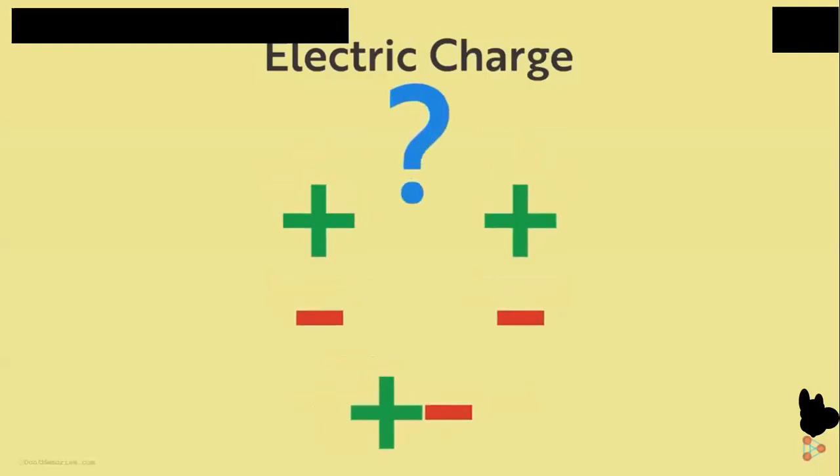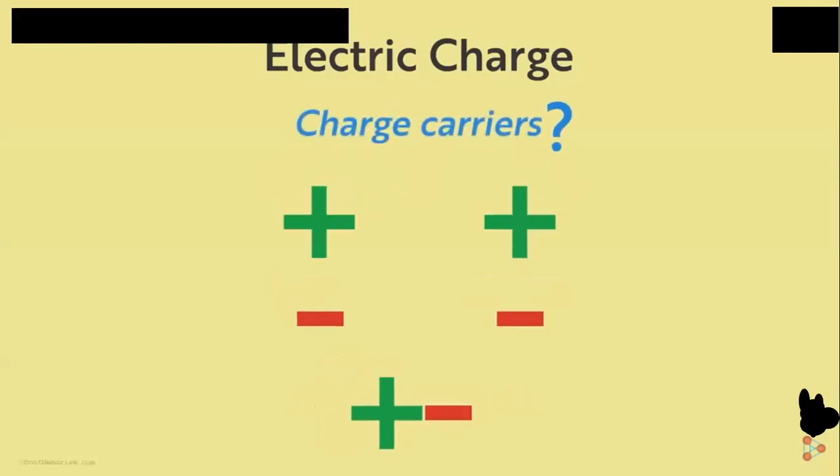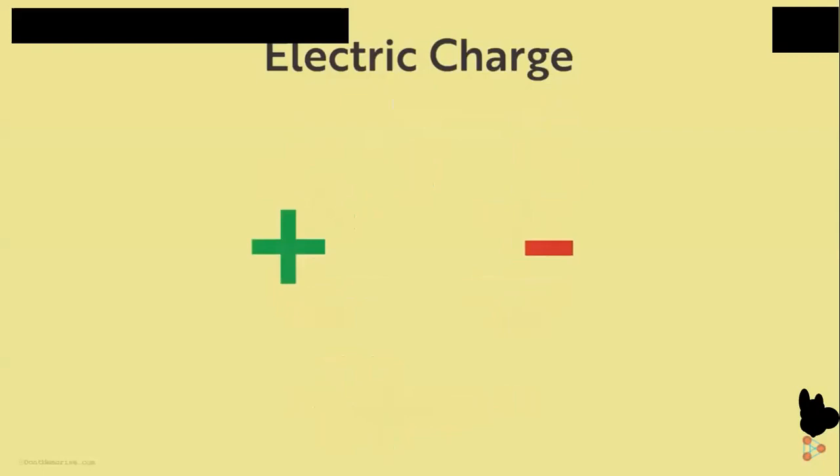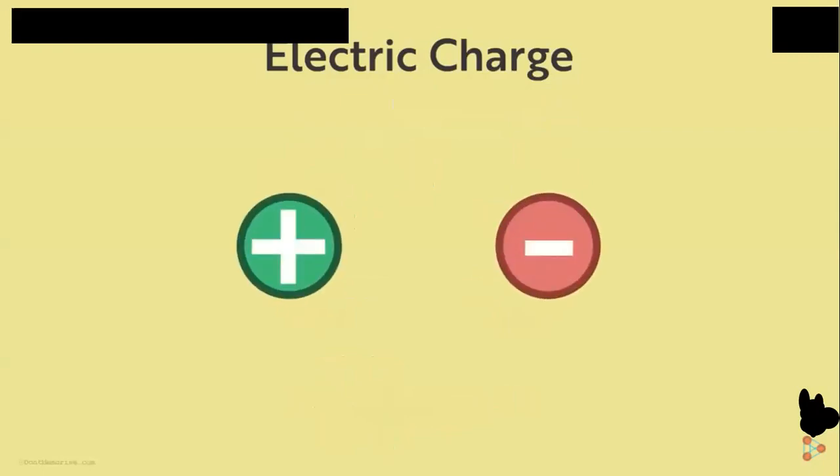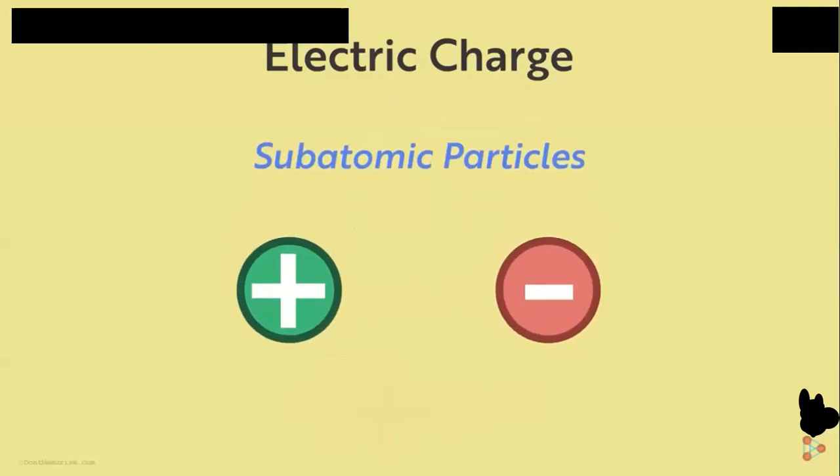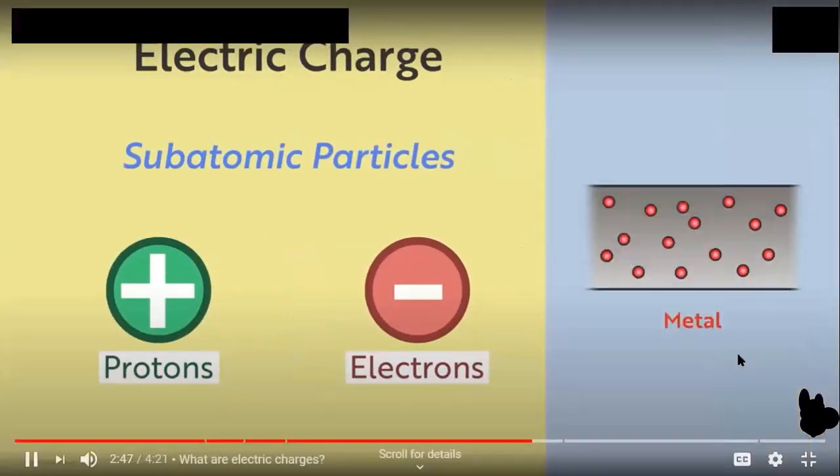That is the source of electric charge. But what are the charge carriers? Charge carriers are positive and negative, which we can see in some atomic particles: protons, neutrons and electrons. Protons carry a positive charge, electrons carry a negative charge.